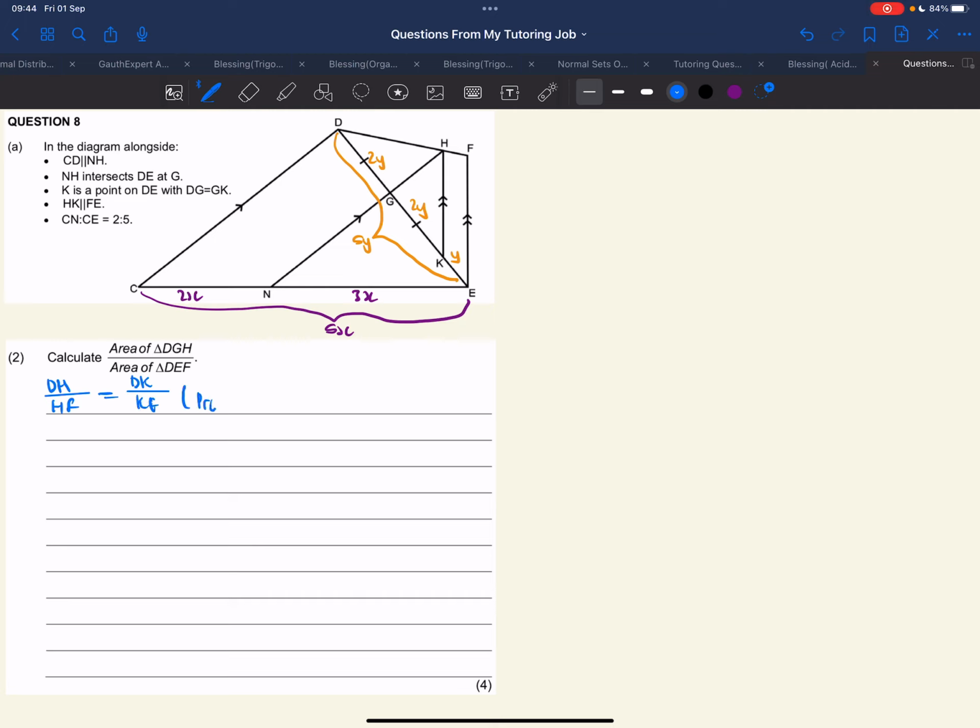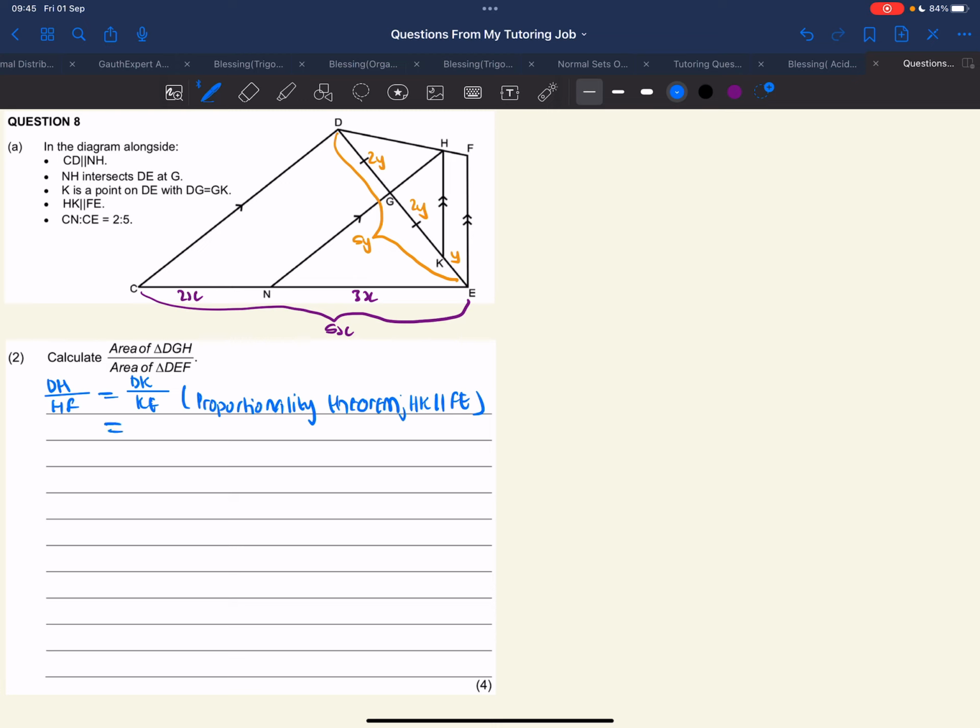Then I'm going to say proportionality theorem, and after stating it, you have to tell them which sides are parallel that make it a proportionality theorem. Those sides which are parallel are HK being parallel to FE.